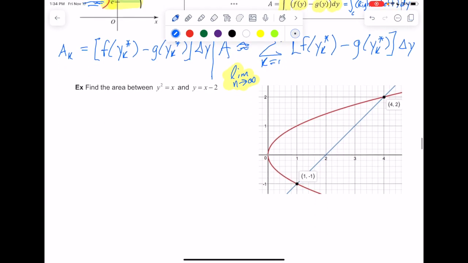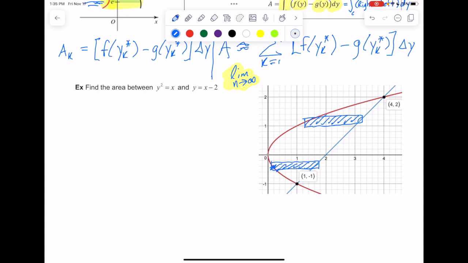So let's try and apply that to that problem we did earlier of finding the area between y squared equals x and y equals x minus 2. So as I mentioned on that previous page, if you do a rectangle right about here, right-hand boundary is the line, left-hand boundary is the parabola. If you drop down here to a lower portion and do a rectangle there, right-hand boundary is the line, left-hand boundary is the parabola.